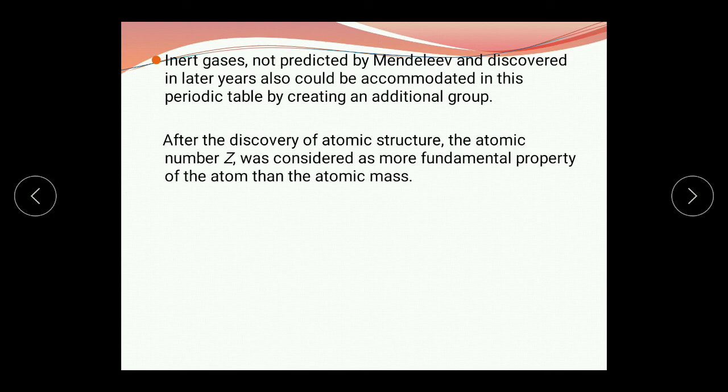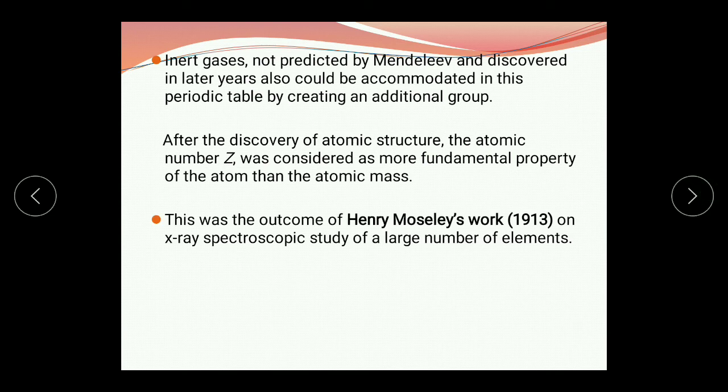But still, some drawbacks were there, and those were discovered after Henry Moseley's work, which he made in 1913 on the X-ray spectroscopic study of a large number of elements.